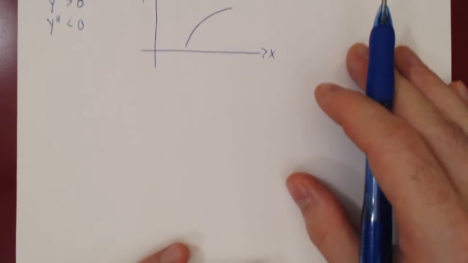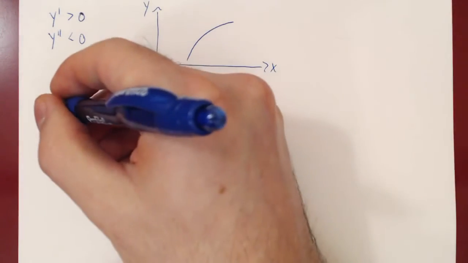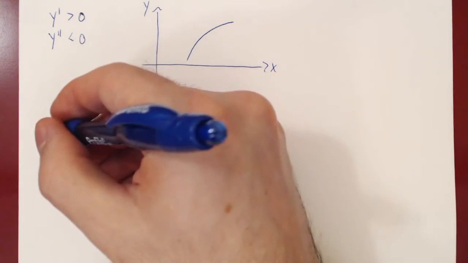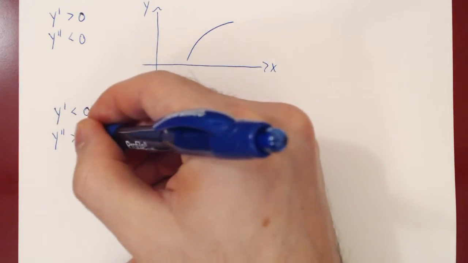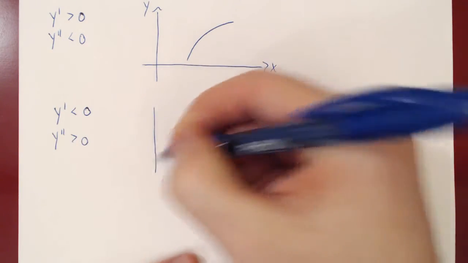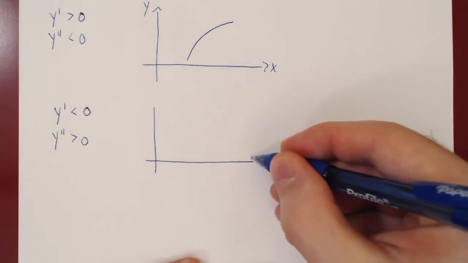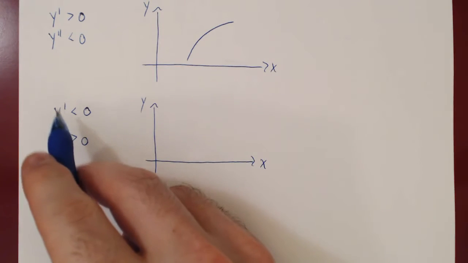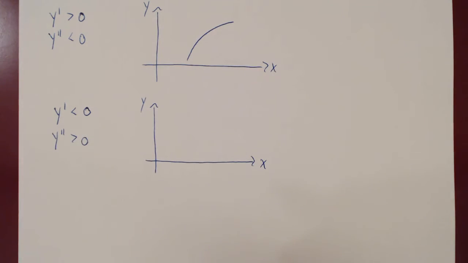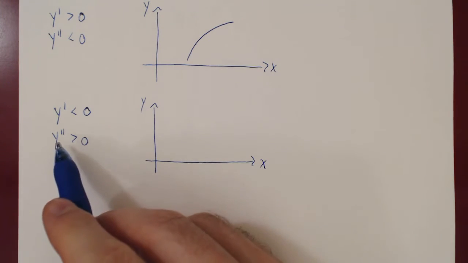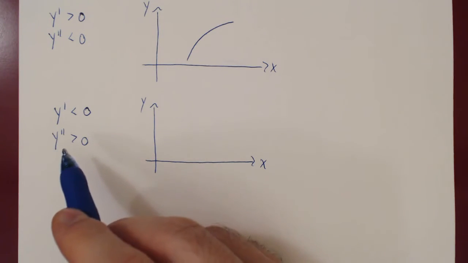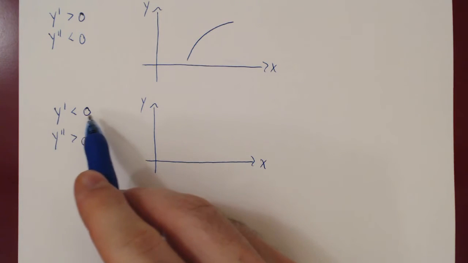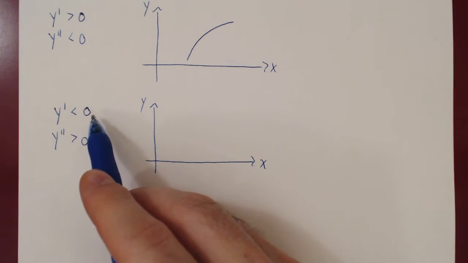Well, what if the derivative is negative? Well, the first derivative could be negative, and now the second derivative could be positive. The graph is decreasing because the first derivative is negative, and the second derivative is positive, which means that the curve is concave up.